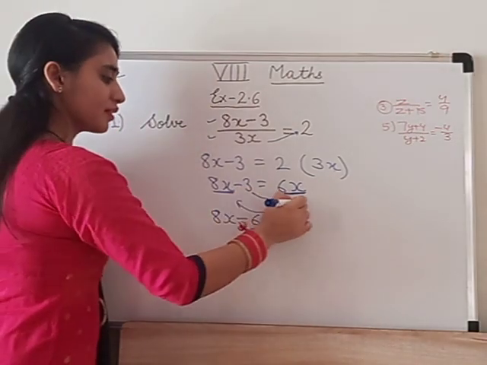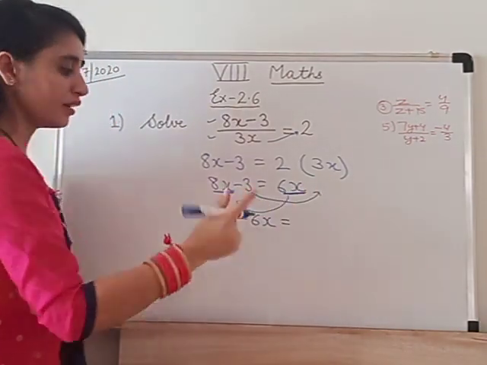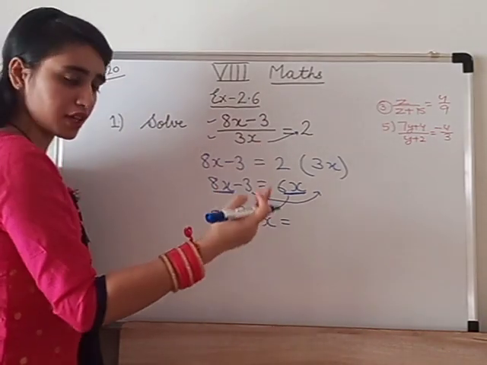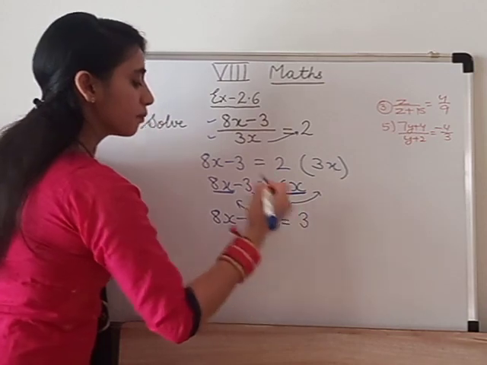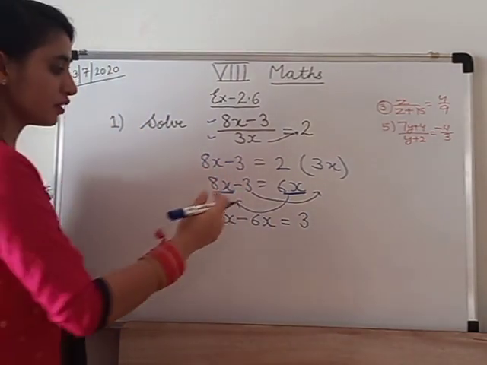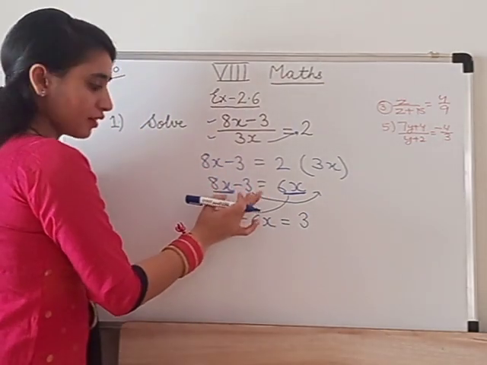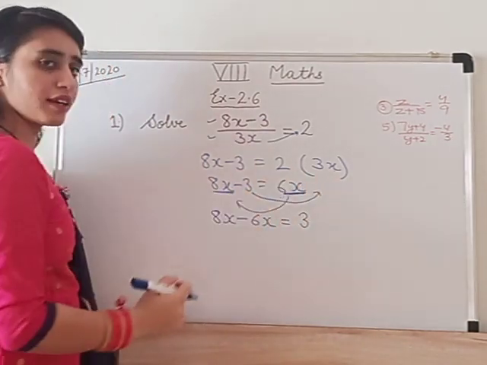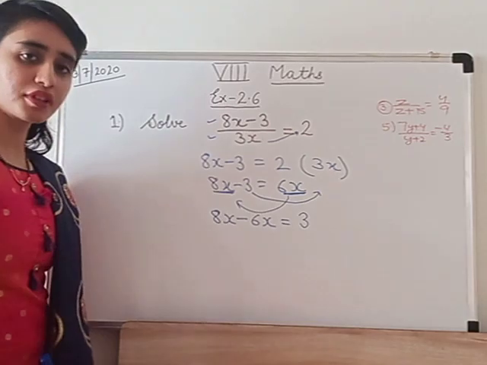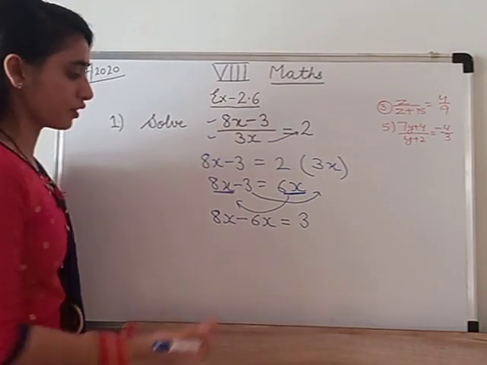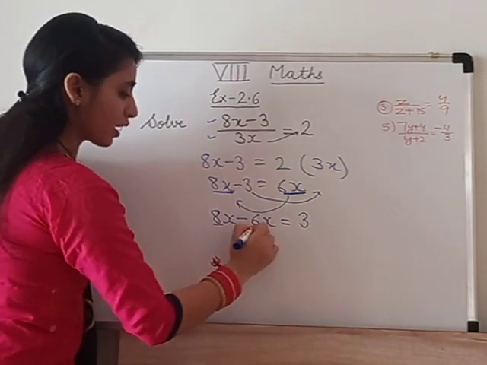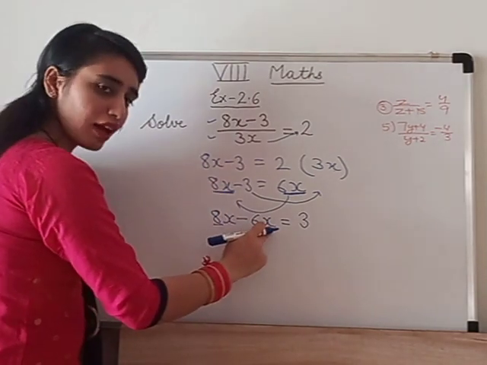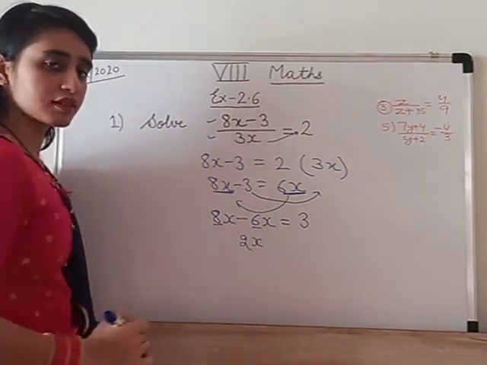And when minus 3 moves to the other side, by using the transposing rule, it becomes positive 3, because on the left side it is with a negative sign, and when you shift it to the right side, it is in positive sign. It becomes positive 3. Now 8 minus 6 is 2, with variable x as it is.